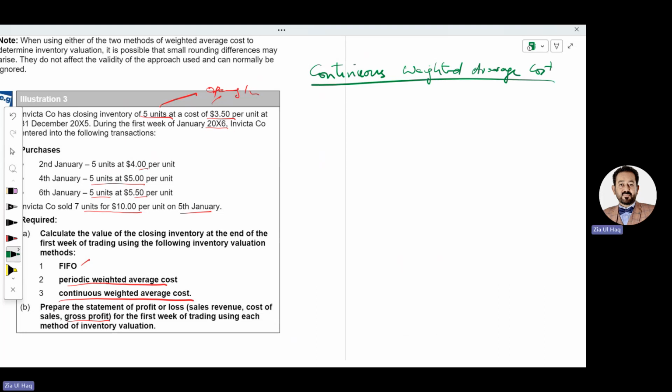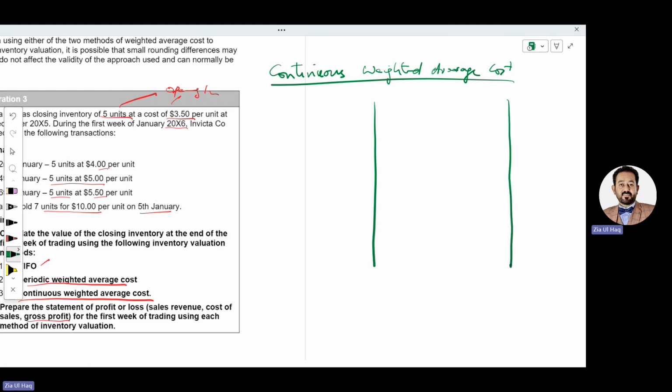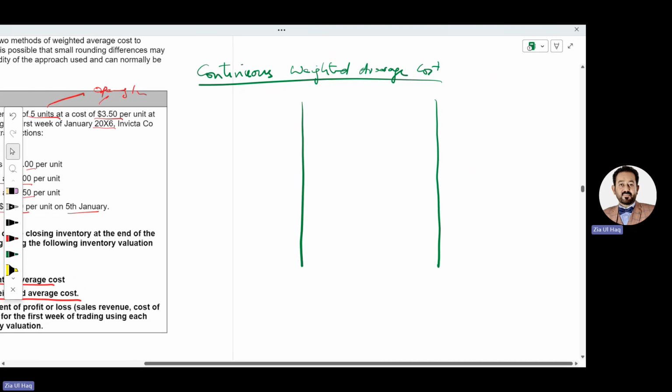We need to make 3 columns. In the first column, we will record purchase. In the second column, we will record sales. And in the third column, we will record left or net.